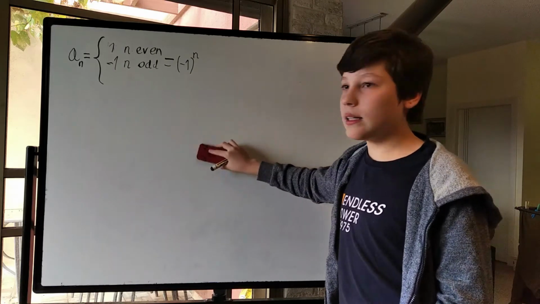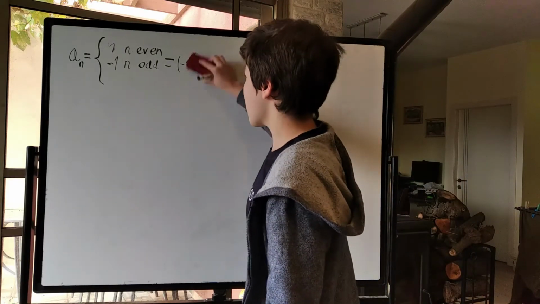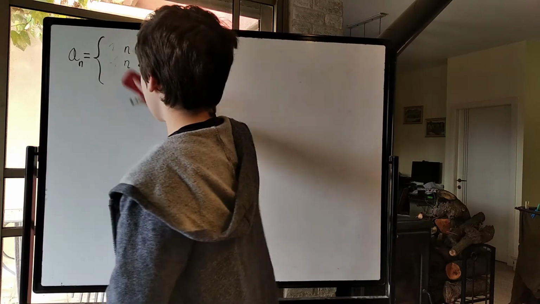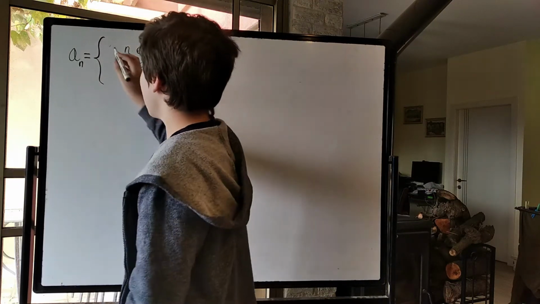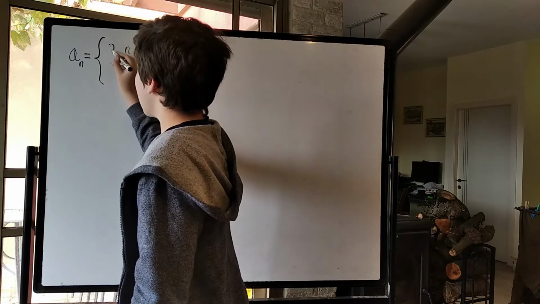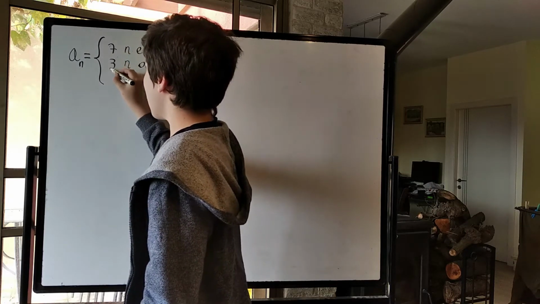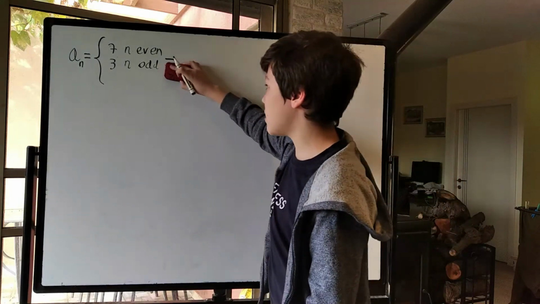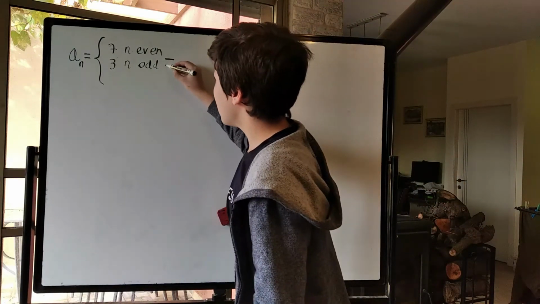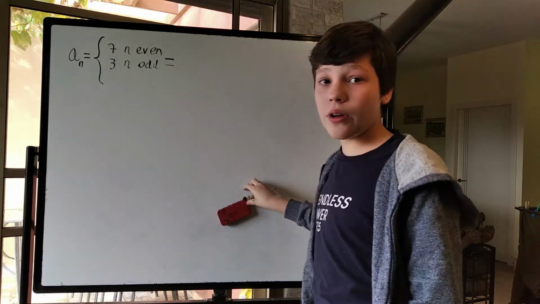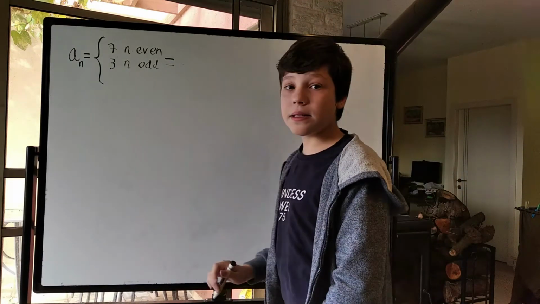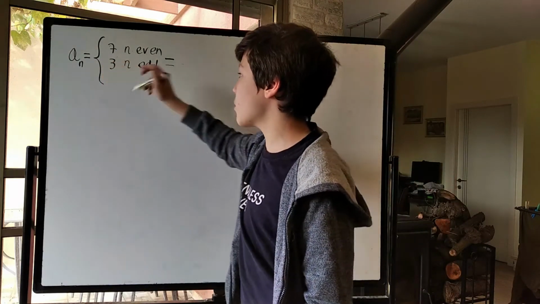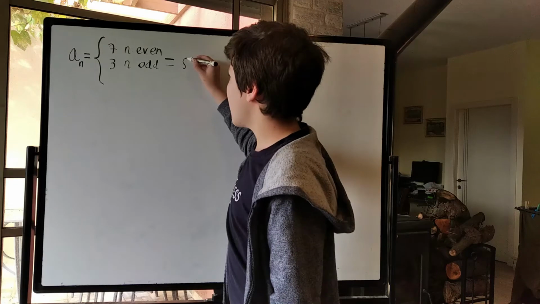And let's do a quick example to see how this works with other numbers. So let's take, for example, 7 when n is even, and 3 when n is odd. What we are going to do is subtract 5 from both of these and add 5.